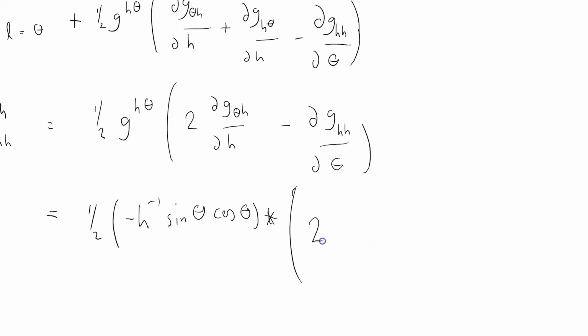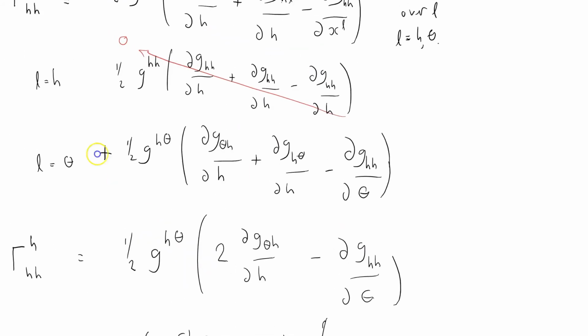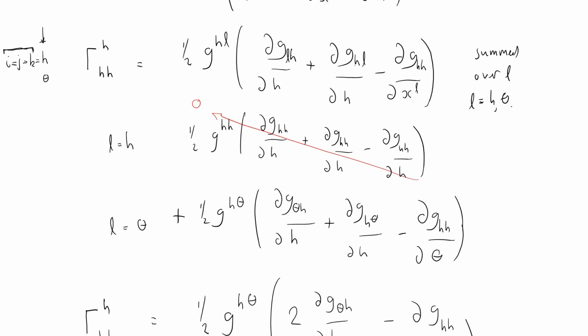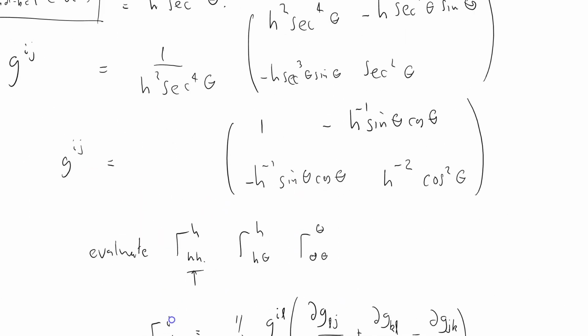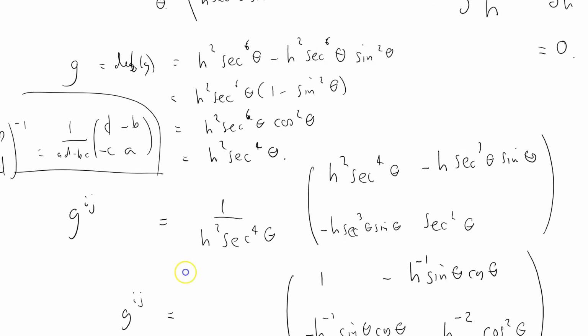open brackets, 2 di by di H of di theta H. Let me remind myself what that one was. I'll write it in. It's di by di H, and then from up here, wherever it was, oh, there it is. No, that's the contravariant one.